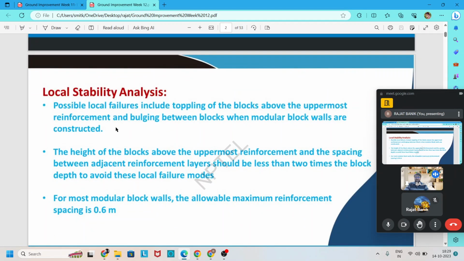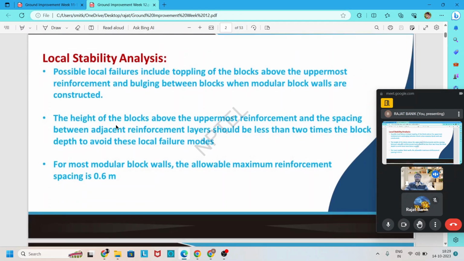It is said that for local stability analysis, the possible local failures include toppling of the blocks above the uppermost reinforcement and bulging between the blocks when modular block walls are constructed. The height of the blocks above the uppermost reinforcement and the spacing between adjacent reinforcement layers should be less than two times the block depth to avoid the local failure modes.